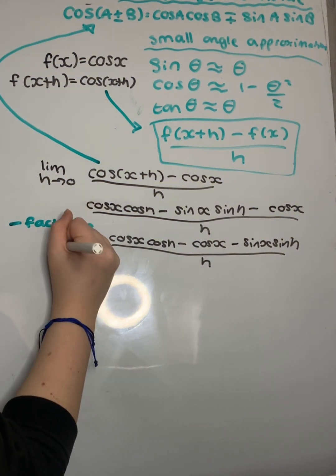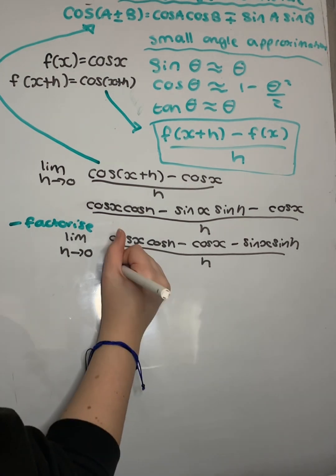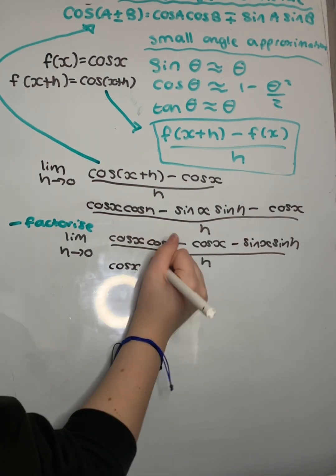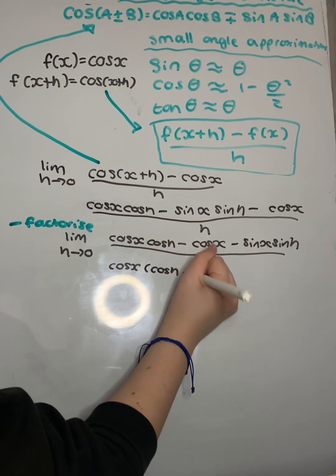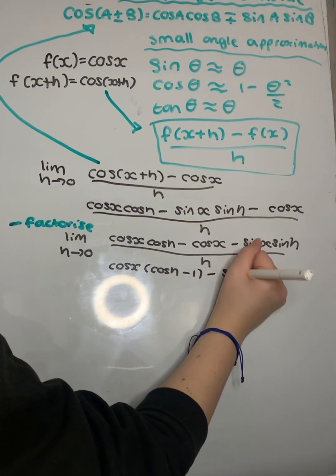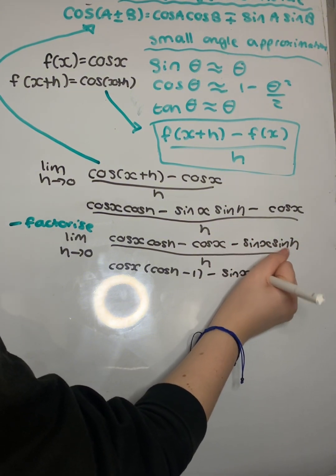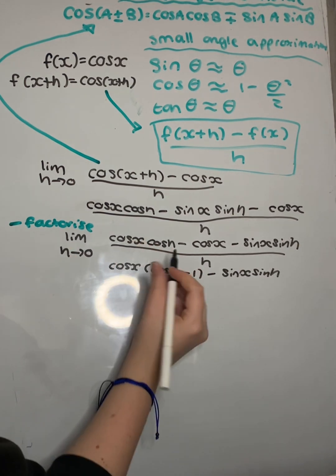Don't forget your limits. Limit is h to 0, just next to each working out. Now I'm going to factorize out cos of x. So cos of x bracket cos of h minus 1, minus sin x sin h on the outside, all over h.